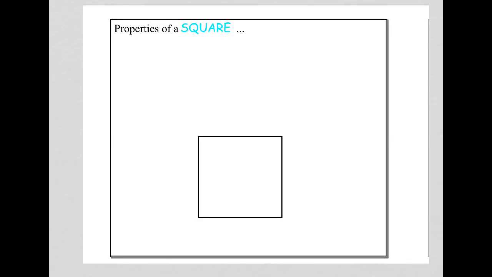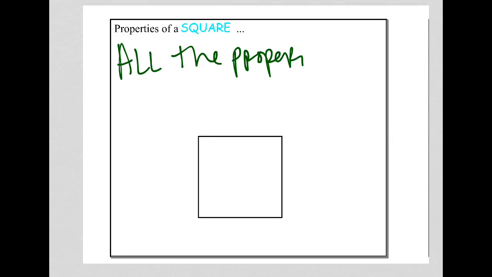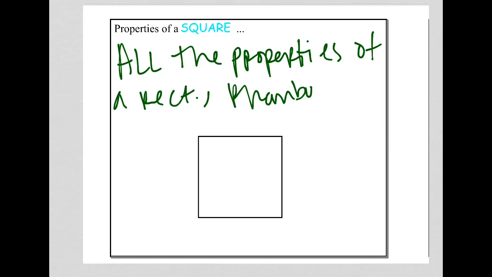All right, our last shape is a square, and a square has all the properties of a rectangle, a rhombus, and a parallelogram.